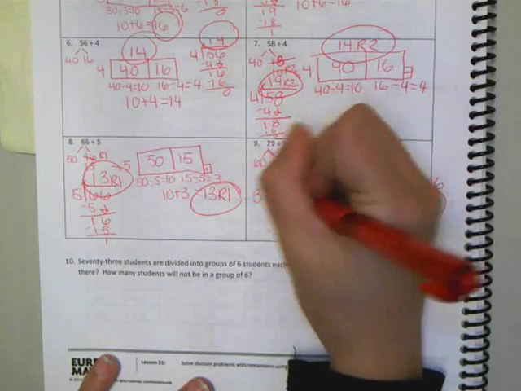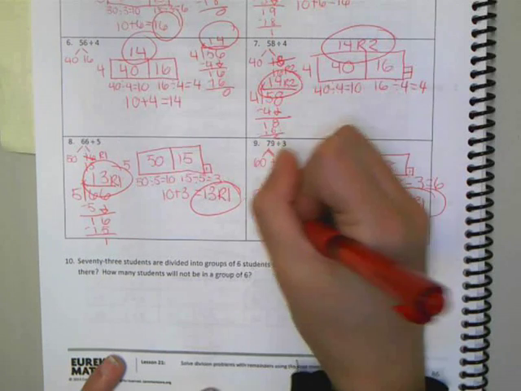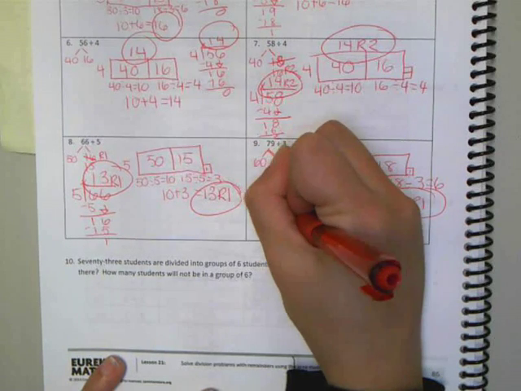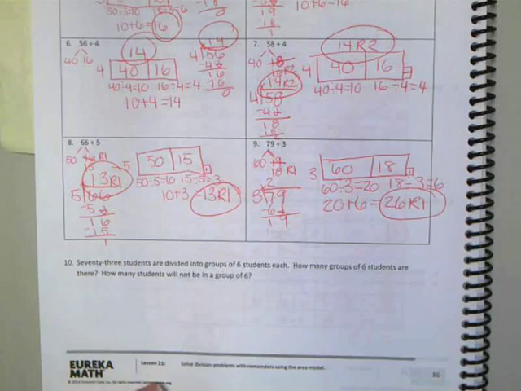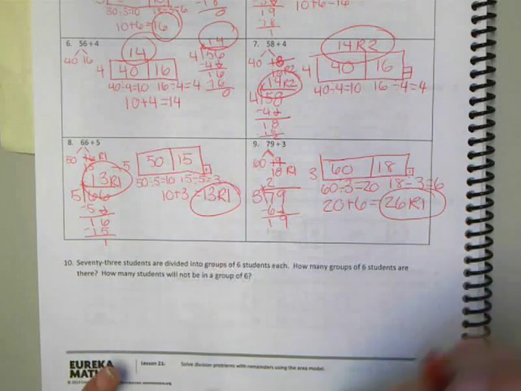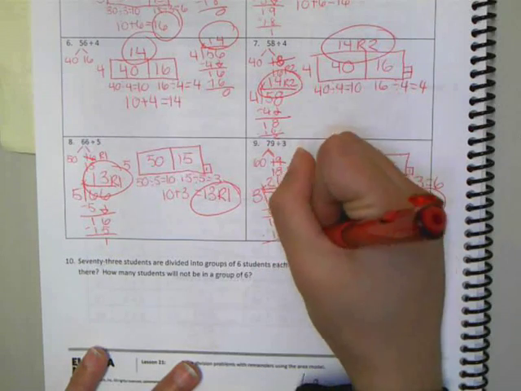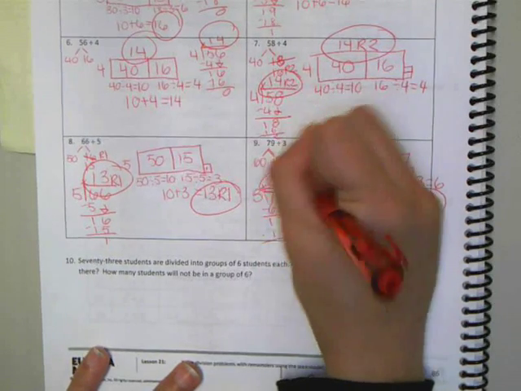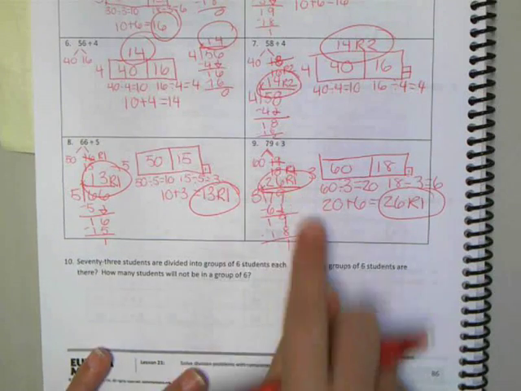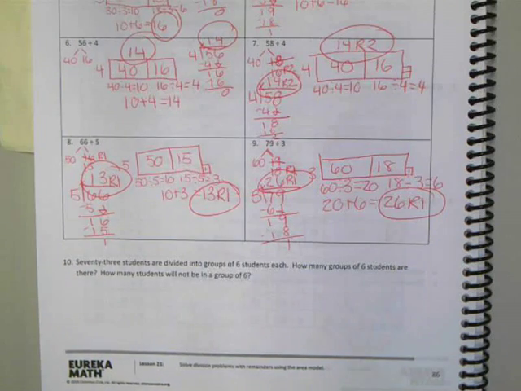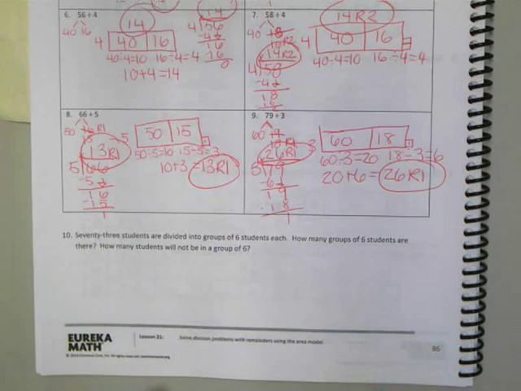Check it. 3 goes into 7 2 times. 3 goes into 19 6 times. Subtract those. Nothing else to bring down, so that gives us a remainder of 1. Do our answers match? They do. Wahoo!